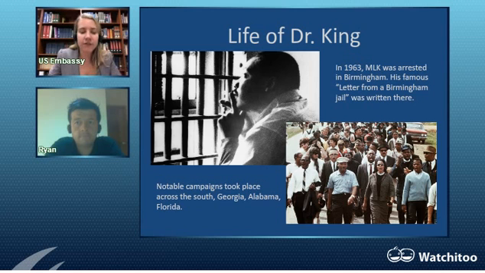The other photograph, I don't think it was taken at the exact time when he did this, but the other photograph is to represent when Dr. King was imprisoned in Birmingham, Alabama, which happened in 1963. And during that imprisonment, he wrote a very famous document called The Letter from a Birmingham Jail, where he addressed many of his critics who argued with the methods that he used and the motivation for his strike.